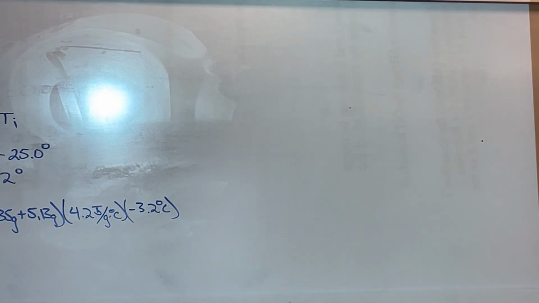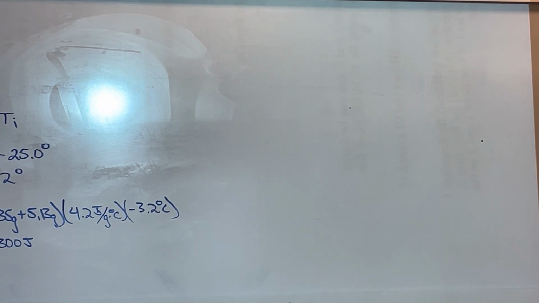So all of that turns out to equal, to 2 sig figs, 1300 joules. And this is negative here, so it's positive 1300 joules. But that's per how much? So that's the answer to the first part. Okay, that's C1.